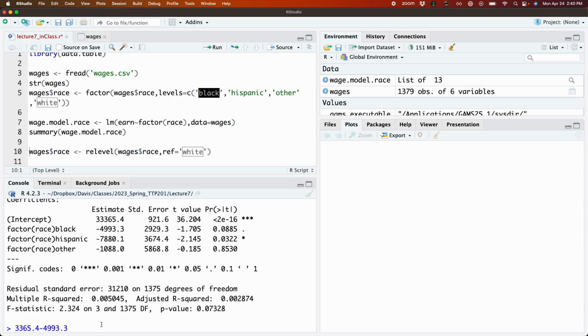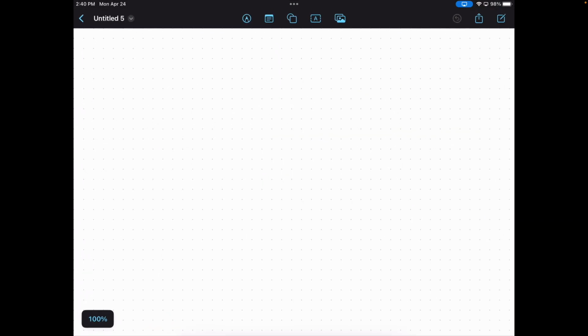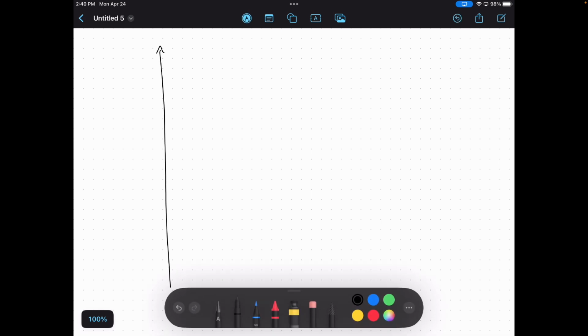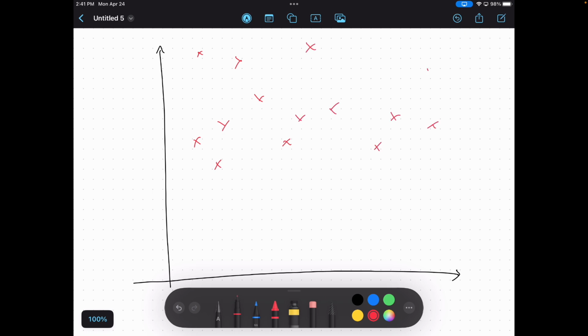And that's because you can have something like this. Let's suppose I have this graph, and I have points that look something like this.